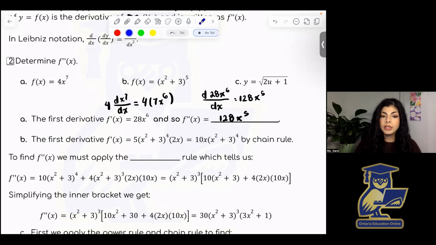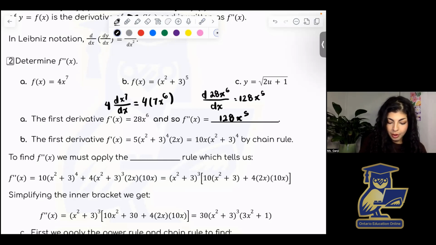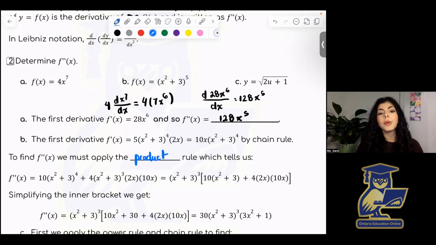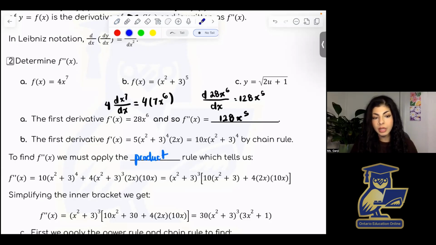Now, to find the derivative of this, as you can see, this is 10x times x squared plus 3 to the power of 4, and this is the product rule. Applying the product rule, remember we take the derivative of the first function times the second function plus the derivative of the second function times the first function.